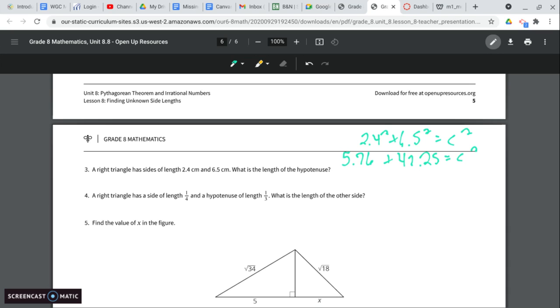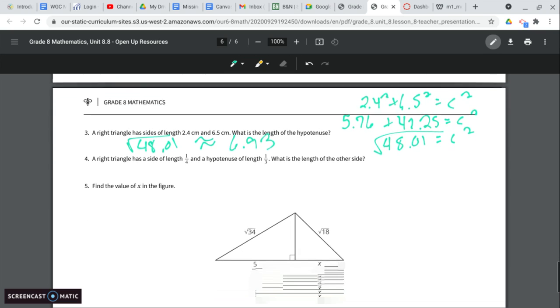If we add 5.76 and 42.25, we get 48.01 equals our C squared. And so if we take the square root of that, we can leave it as just 48.01, or we can actually take the square root and get an approximation, which would be approximately 6.93.